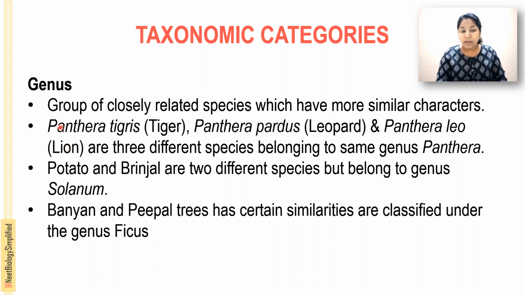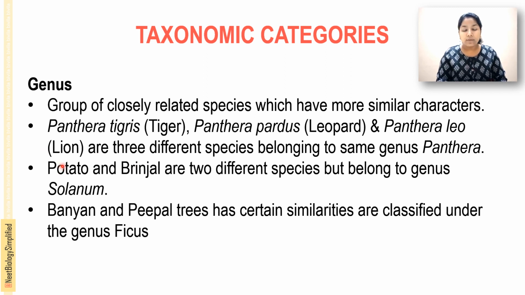They all come under the genus Panthera. You can see from here, these are three different species: the tiger, the leopard, and the lion. Even though they are different species, they belong to the same genus Panthera.